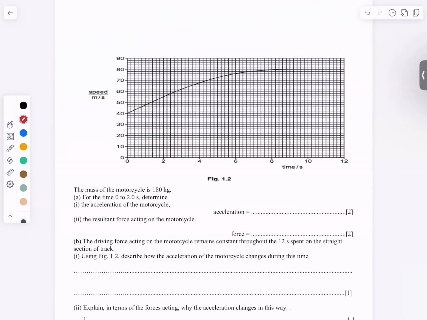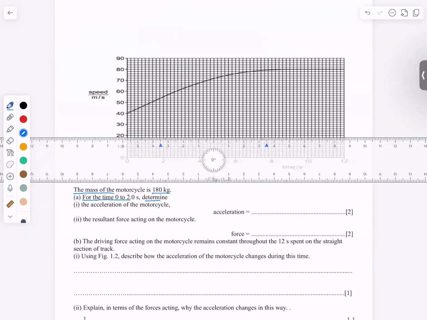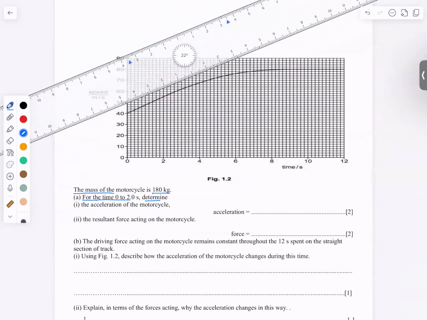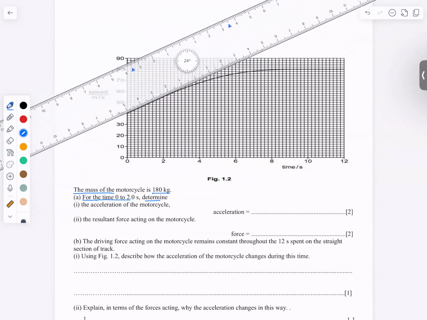Okay. And now what they are saying. The mass of the motorcycle is 180 kg. For the time 0 to 2 second determine the acceleration of the motorcycle. Now first we have to observe whether it's a straight line or a curve. I think from 0 to 2 second it's a straight line, which means that it is uniform acceleration and a tangent is not needed.